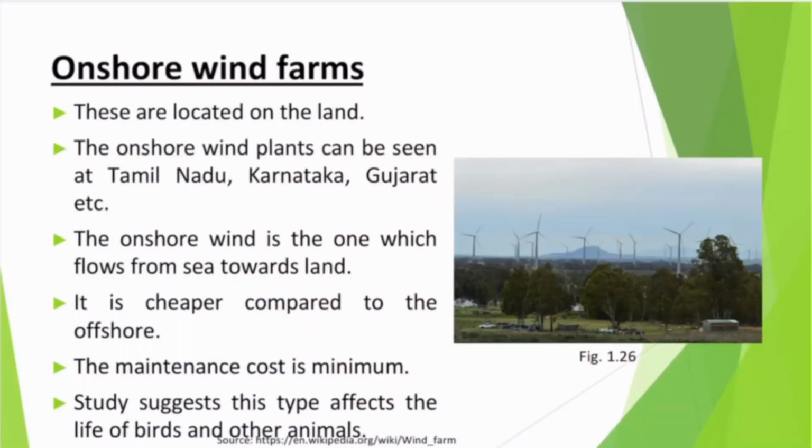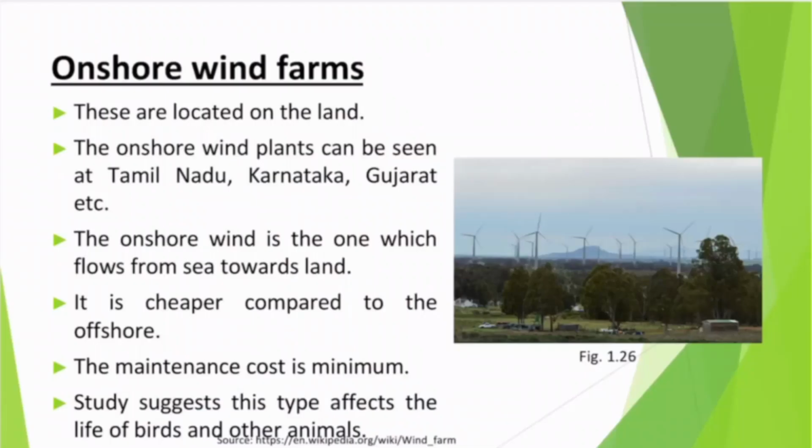And it is certainly cheaper compared to offshore technology because you can easily put a substation near it, extract the power and integrate with the distribution system. However, in the case of offshore, the transmission of power and underground cabling within the sea become a challenge.